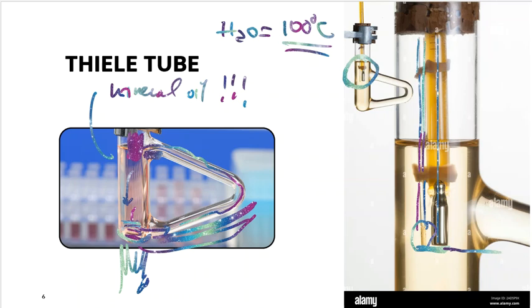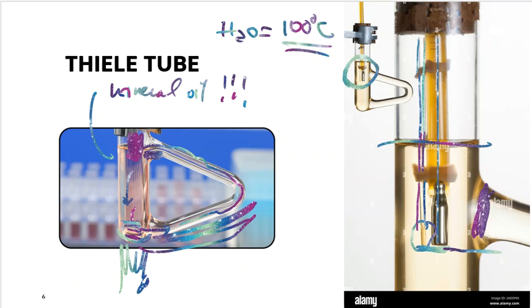So you want to make sure that the oil covers the thermometer bulb. You want to make sure that the oil covers your solid material in the capillary tube, and you want to make sure that the oil at least goes above this side arm, so that way your oil can circulate the proper way. So that is what we call a field tube.